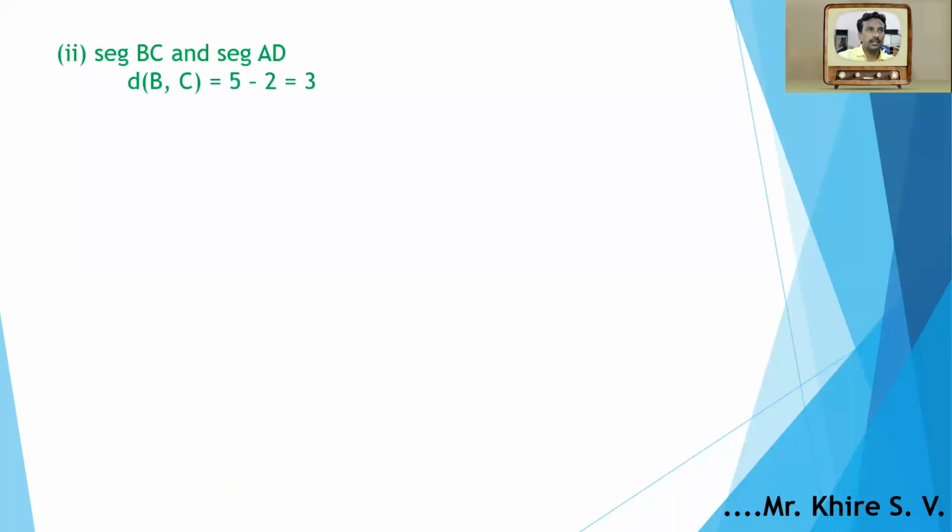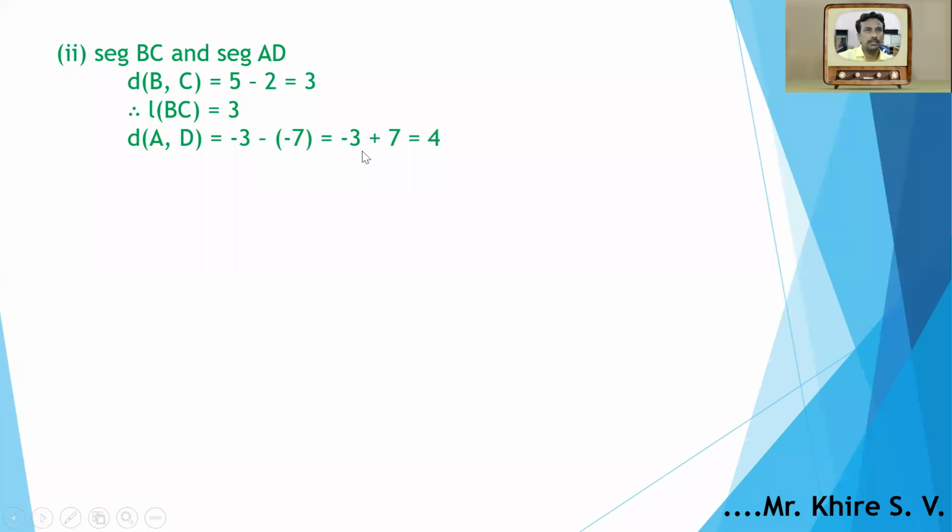Okay. Similarly, we can solve another example, segment BC and segment AD. Find distance BC first. Distance BC is equal to 5 minus 2 is equal to 3, and therefore length BC is equal to 3. Now find distance AD. Distance AD is minus 3 minus minus 7.